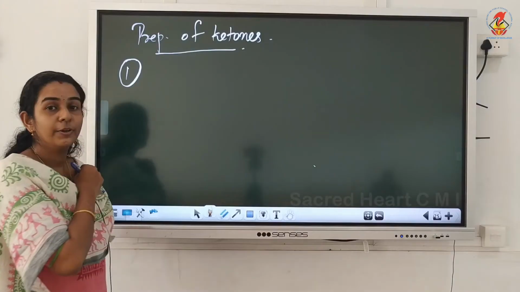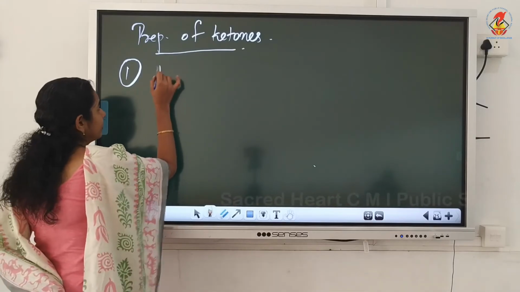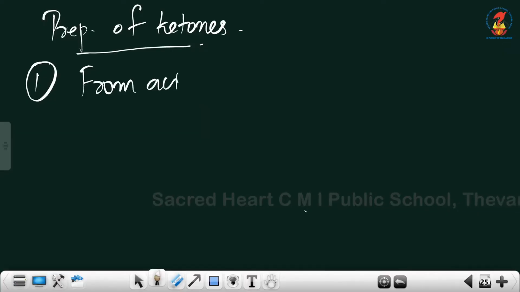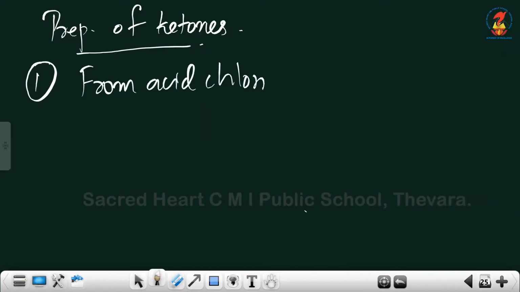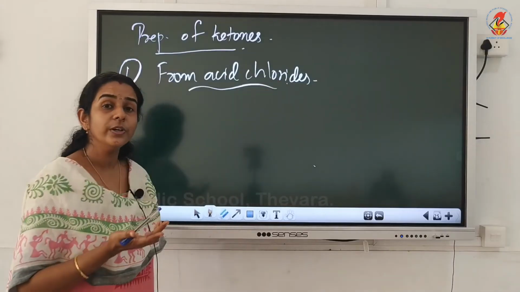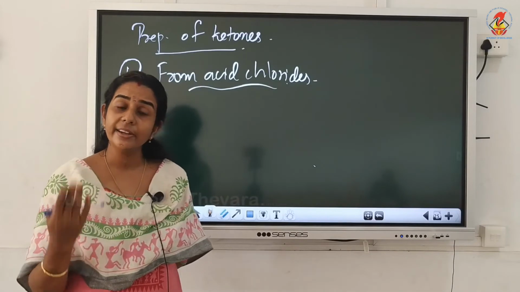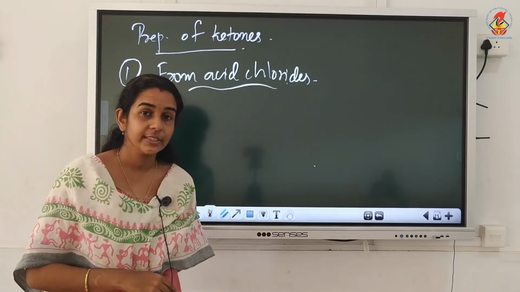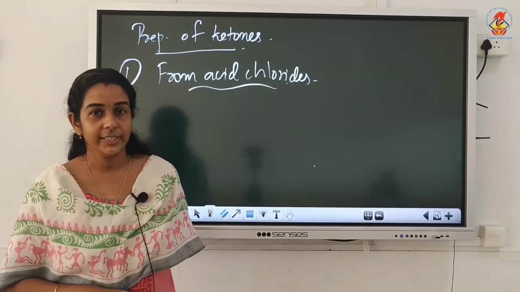First one, from acid chlorides. How can we prepare aldehyde from acid chlorides? By the Rosenmund reaction, isn't it?